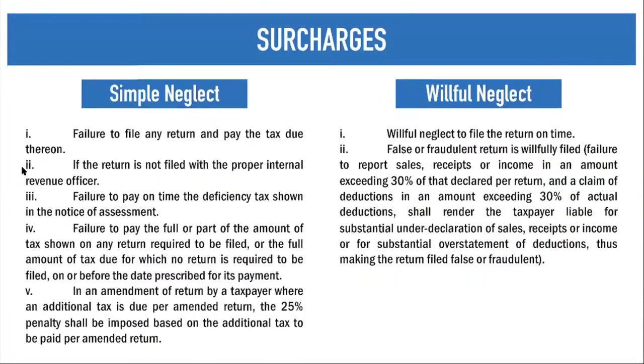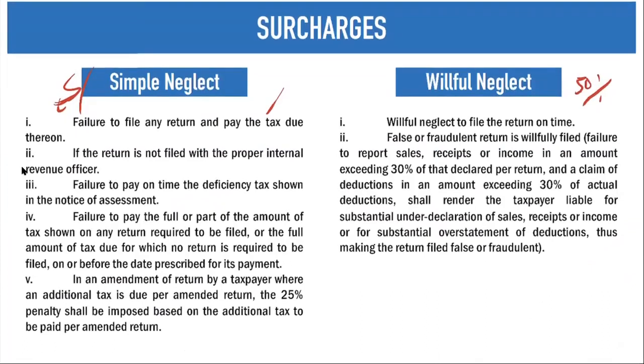Another we add is surcharges. So for surcharges, we can add 25%, or we can add 50%. So when can we add 25% and when can we add 50%? We can add 25% if there is only a failure to file the return in the proper internal revenue officer, or failure to pay on time.